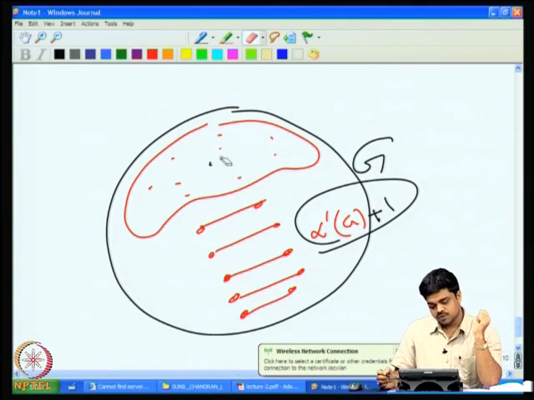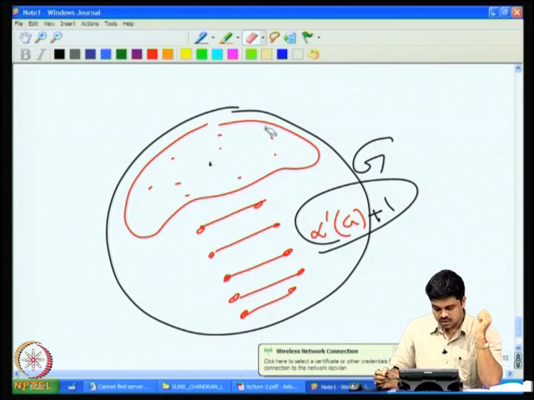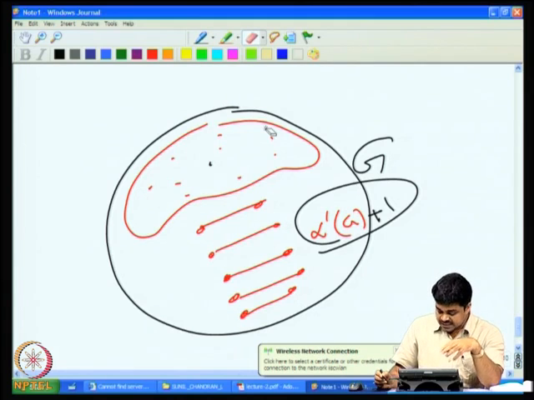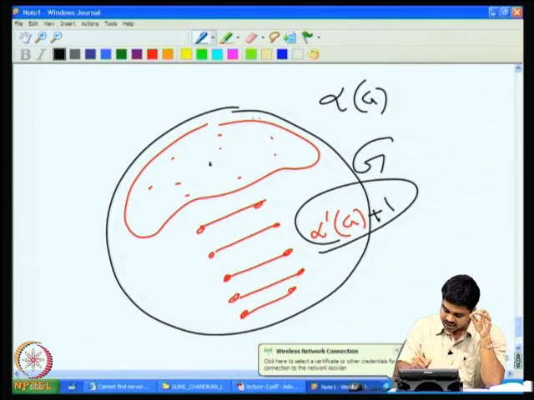So what we understand is, if you remove these vertices, the remaining thing is an independent set. So if I am looking for the biggest independent set in the graph, the cardinality of the biggest independent set is alpha of G, and that number is going to be bigger than this number.